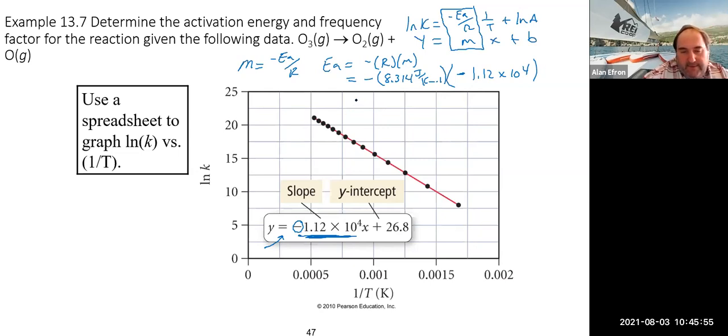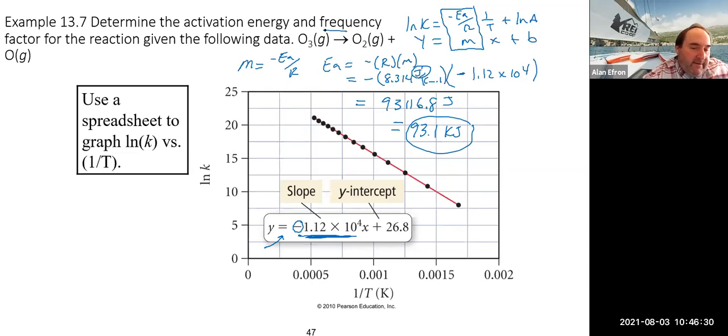We will end up with an activation energy of 93116.8. The units here are really joules, but in most cases, activation energy is given in kilojoules. So if we divide that by 1,000, we end up with 93.1 kilojoules per mole as our activation energy for this particular reaction based on the information given to us. Any questions on how I got that one there?